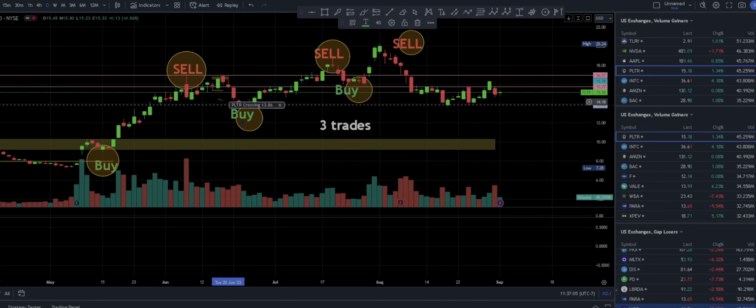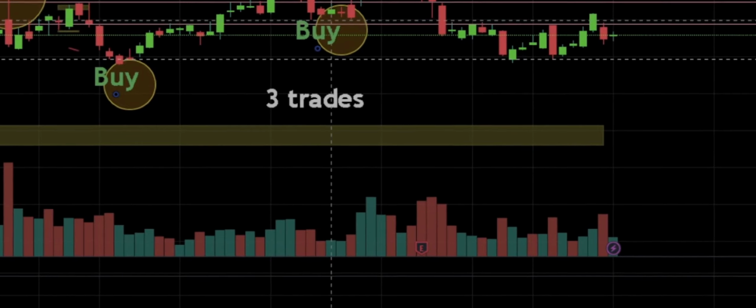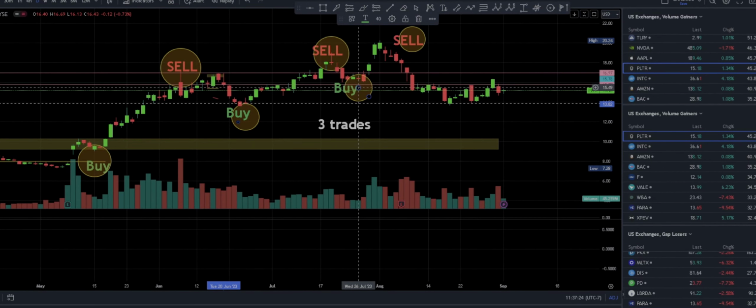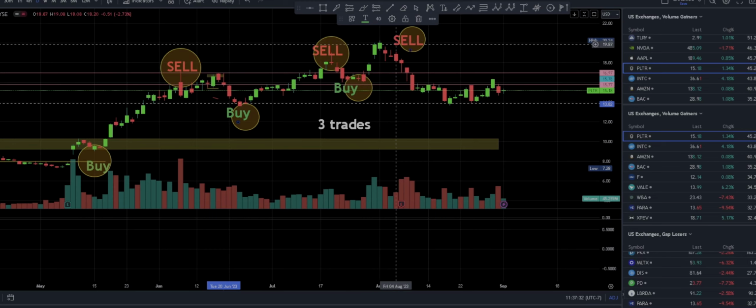We bought here and then sold pretty much in this area, because we got the confirmation of the engulfing candle here, and then we get another position here because it's consolidating, and we see the candle confirming with the doji, as well as when we get to the top, once we see the reversal, lower low, we can get out.